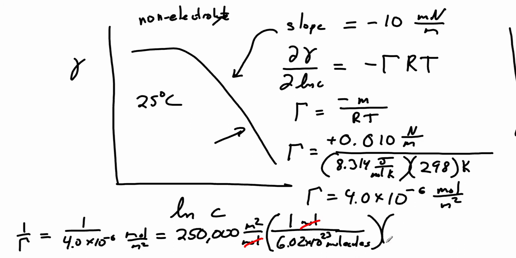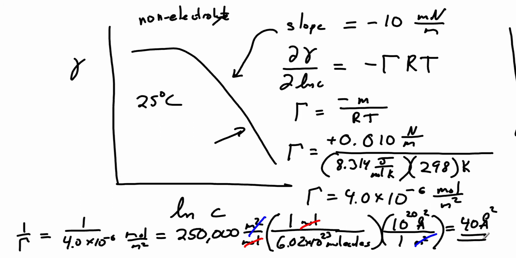So let's get rid of meters and go to angstroms. So we want to get rid of meters squared, so 1 meter squared is 10 to the 20th angstrom squared. And so we cancel our meters squared. And when we do this, we end up with about 40 angstrom squared.